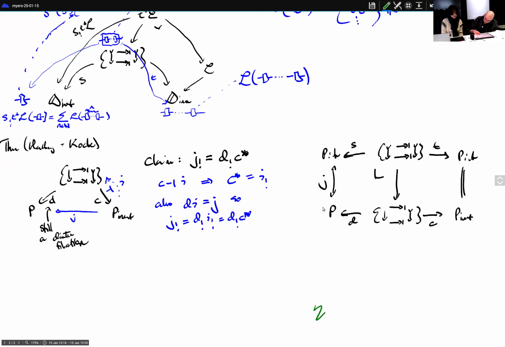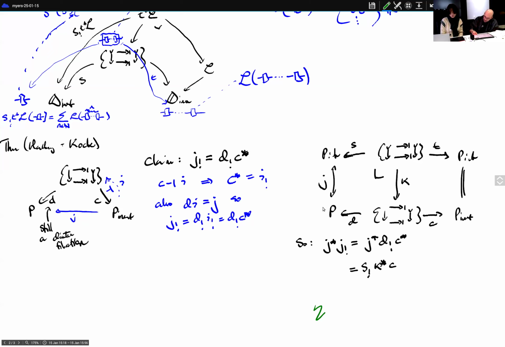And so we note that J star J bang equals, by the left thing, J star D bang C star. But then by Beck-Chevalier, and using that the left square is a pullback, let me call this K. We note that J star D bang is the same thing as S bang K star, Beck-Chevalier.